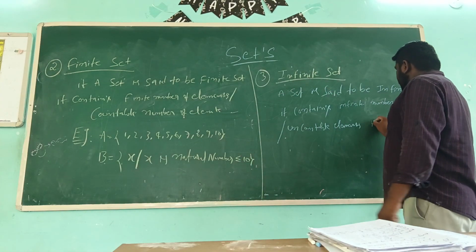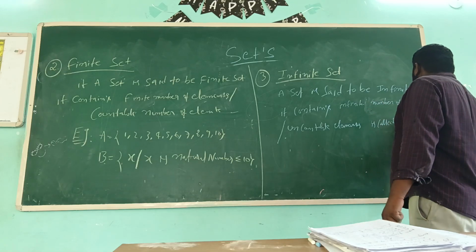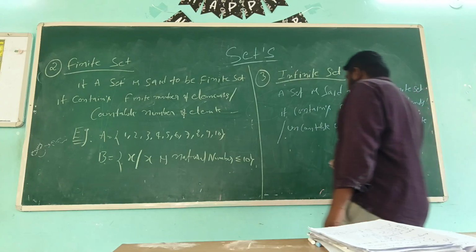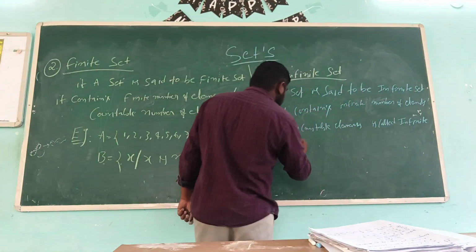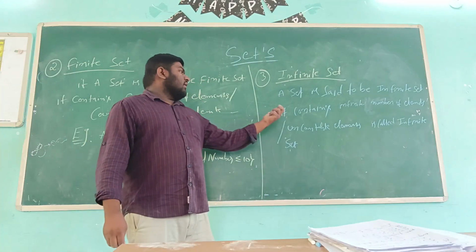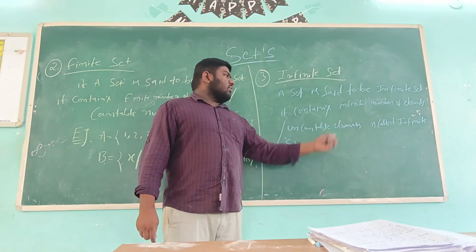Uncountable elements is called the infinite set. Understood? If a set is said to be infinite, it contains an infinite number of elements or uncountable elements.